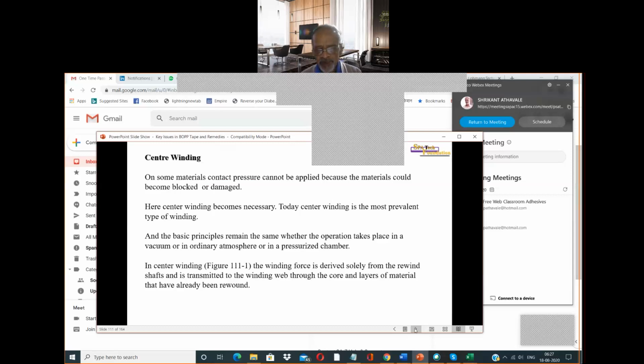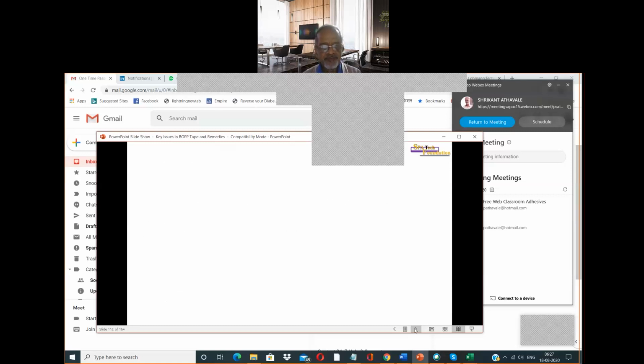In central winding, the winding forces are derived solely from the rewind shaft and are transmitted to the winding web through the core and layers of material that have already been rewound. The winding force is generated by the DC motor or the drive.